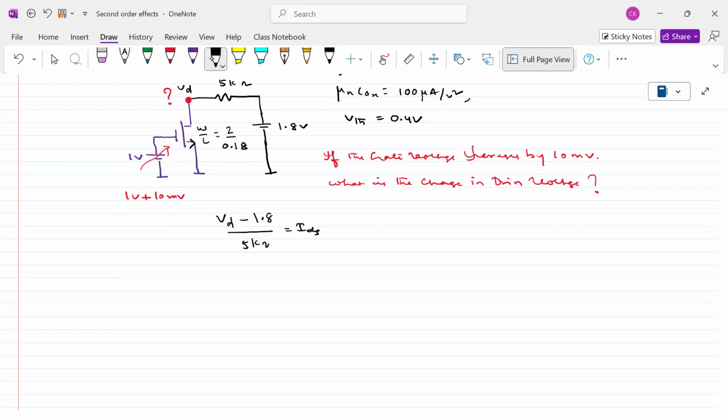Otherwise, this VD value plus this potential is equal to 0. If you apply KVL also, the sum of all the potentials is equal to 0. Or simply take the potential difference between these two nodes and the resistor is available. The current will flow, and that current passes through the transistor. This is how we can write.